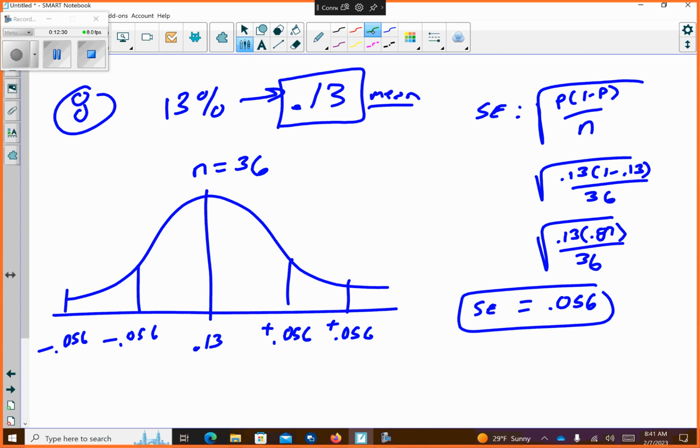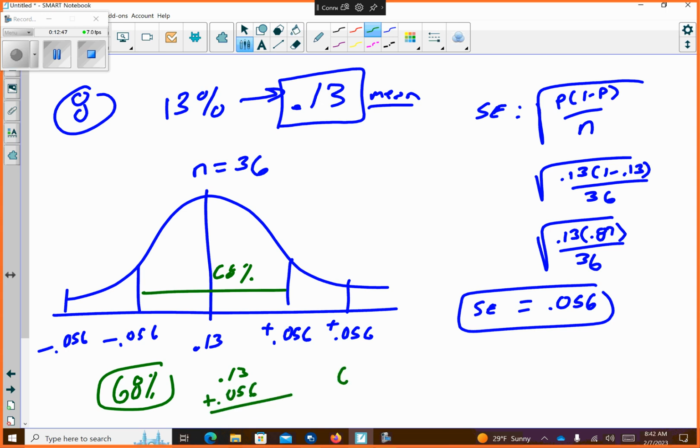Number 9, what is our middle 68%? Okay, so this is our 68% here. So I have 0.13 plus 0.056. So that's going to give me 0.186. That's my upper limit.